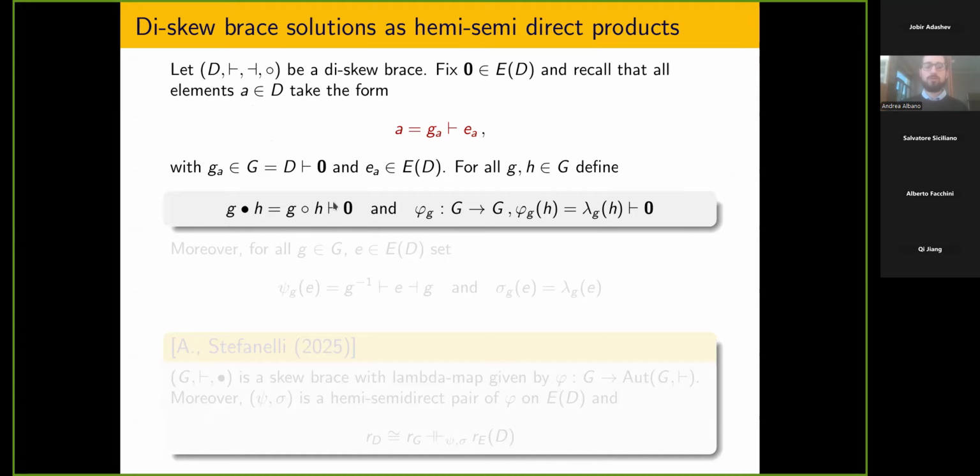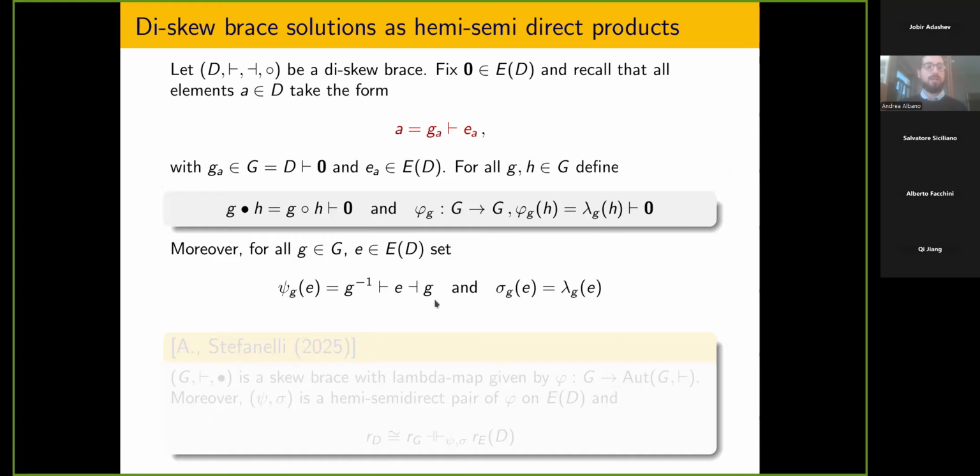So what we are doing here is to define a new circle operation, basically a translation, as you can see here, with respect to the fixed idempotent, such that we can define a new family of maps, phi_g, in this way. So basically taking the lambda map of the di-skew brace and shifting it with respect to the idempotent.